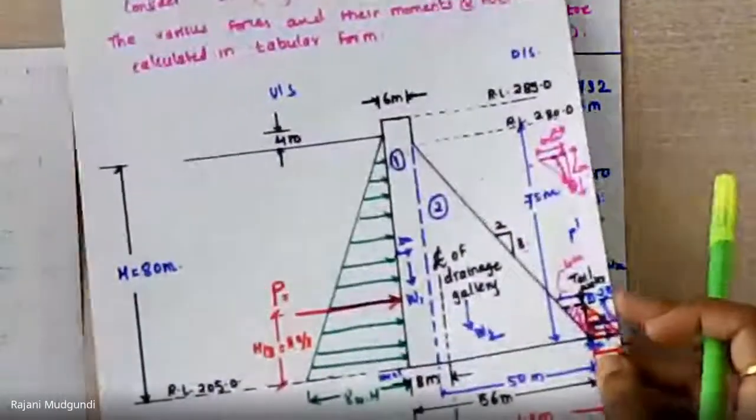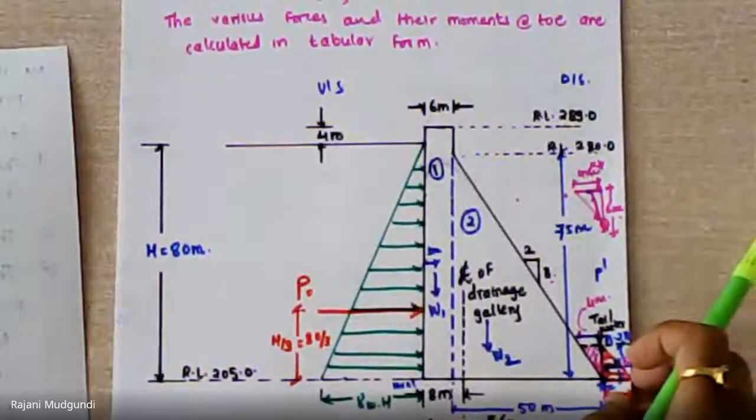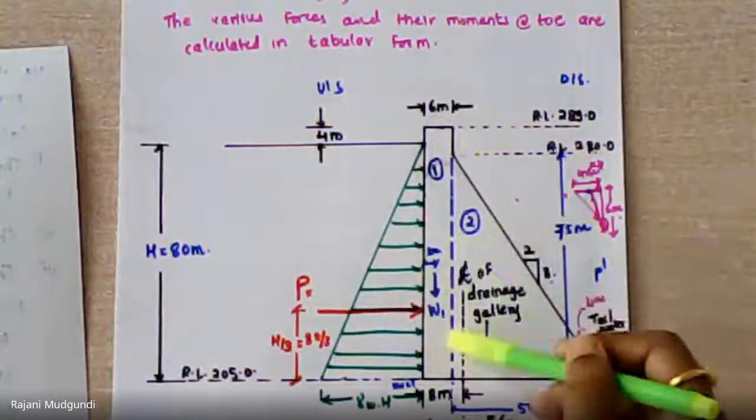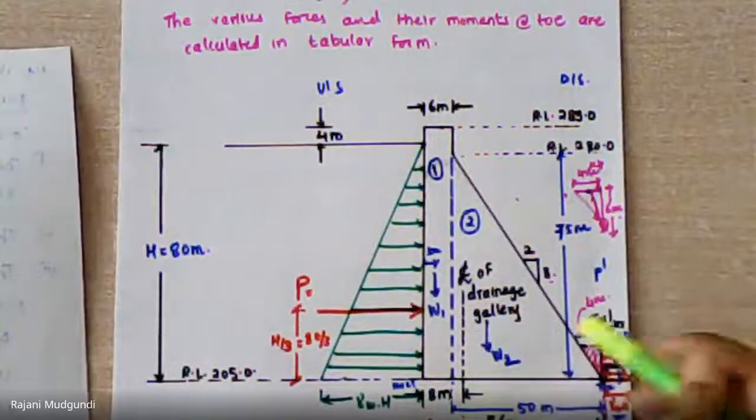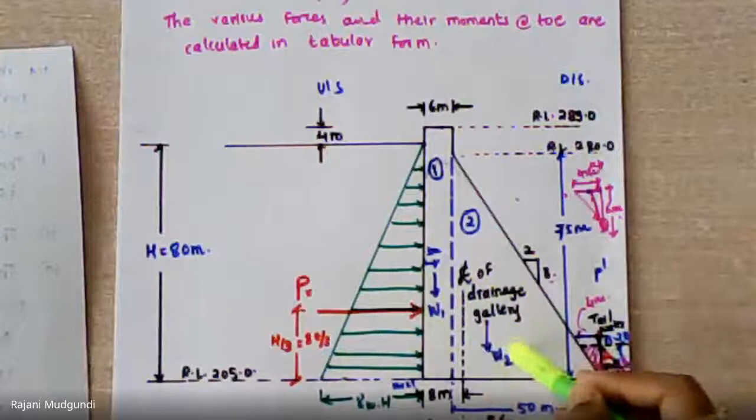This force acts through its CG. Therefore, we require to take the moments about the toe. So we have calculated the lever arm distances for W1 and W2.